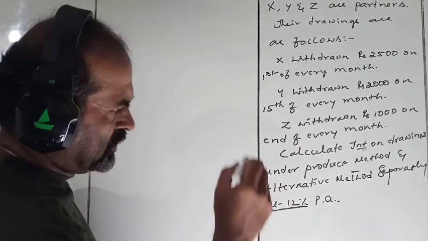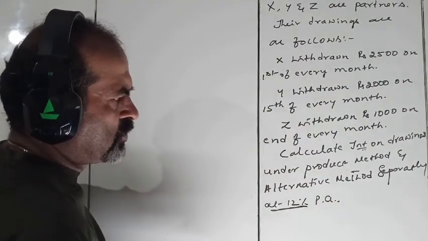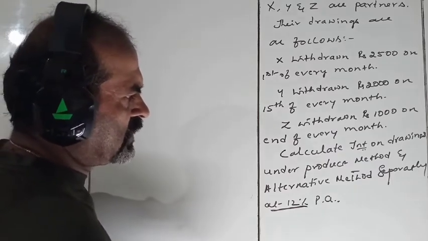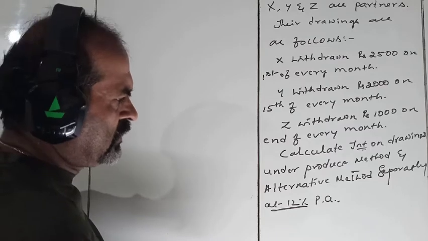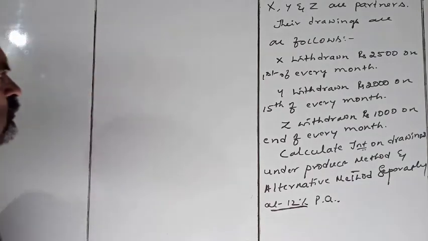But in this problem, it says calculate the interest on drawing under the product method and alternative method. Therefore, first calculate the interest on drawing under product method, then go to the alternative method.